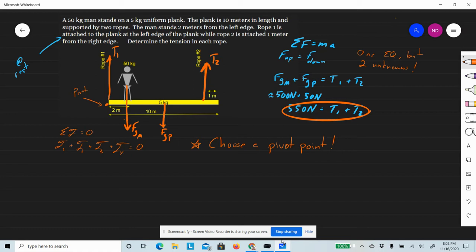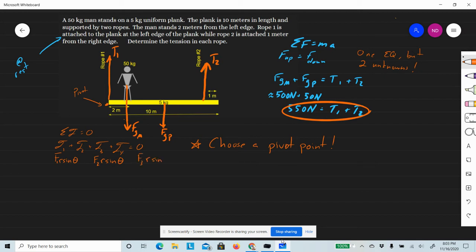But torque is force times your distance from that, right? F R sine theta, F1 R sine theta, F2 R sine theta. Here, all these thetas are going to be 90 degrees, so the sine is going to be 1, but I'll write it on there.